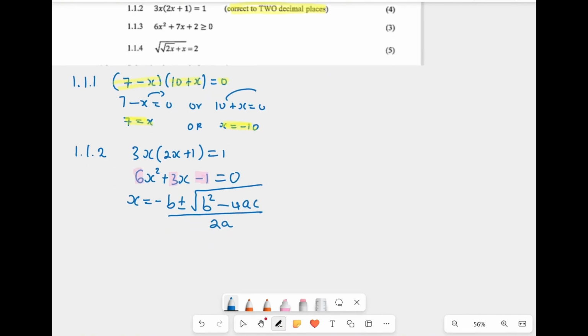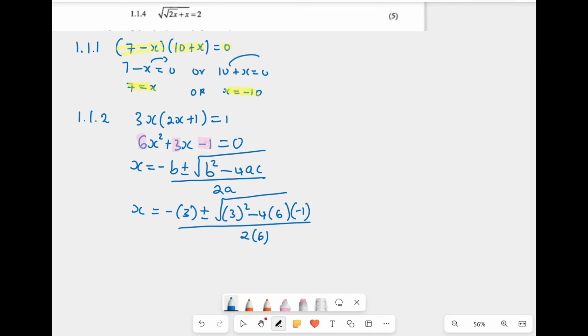And then from here, we are going to have x is equal to minus, and then what is b? b is positive 3 plus or minus square root of positive 3 all squared minus 4. Our a is 6, and then our c is minus 1 all divided by 2 multiplied by positive 6.